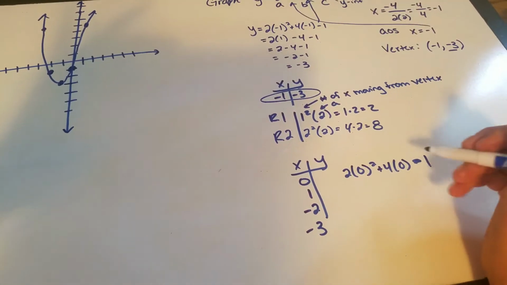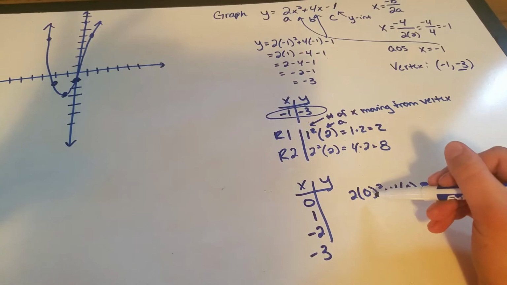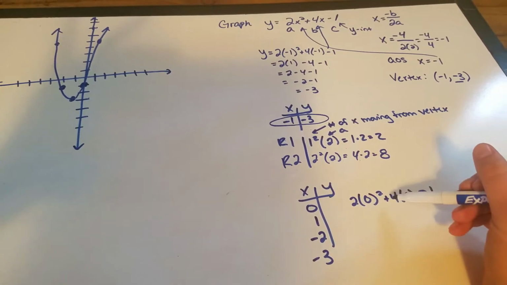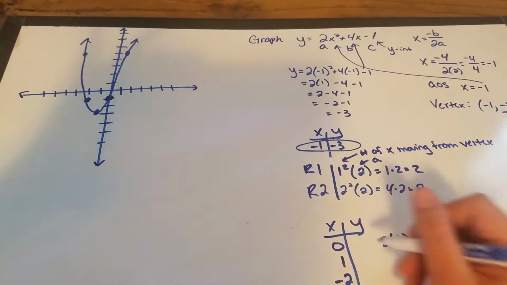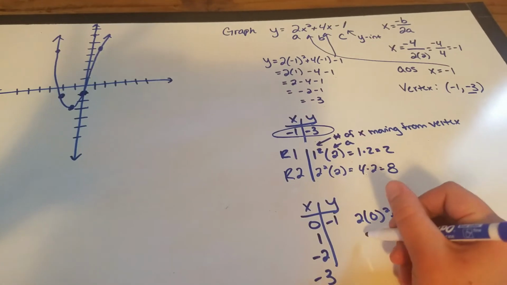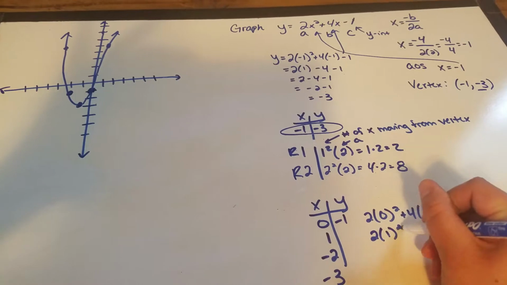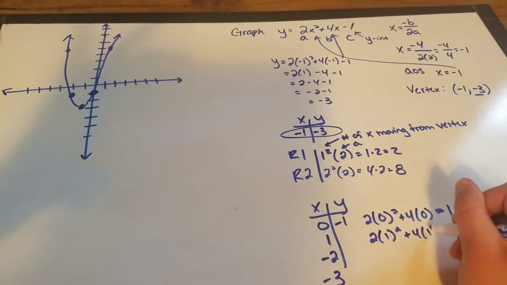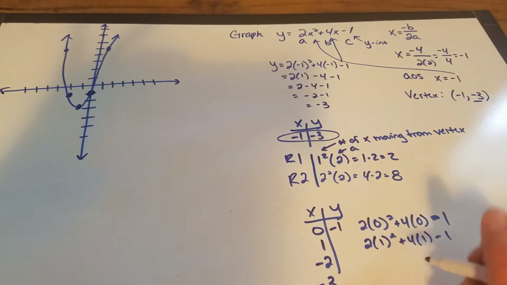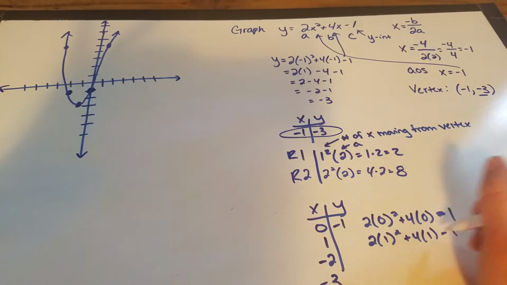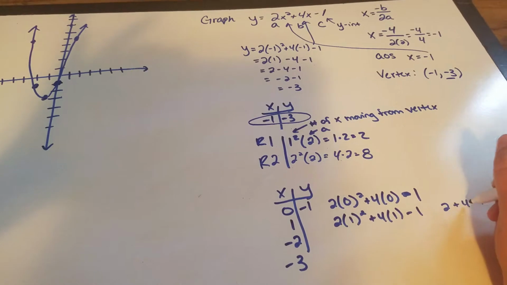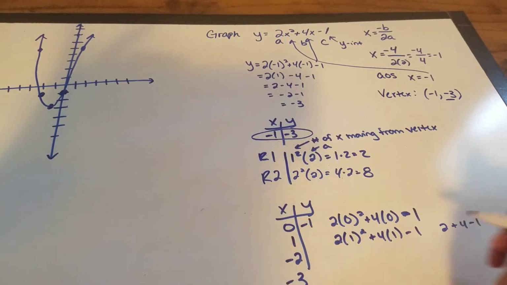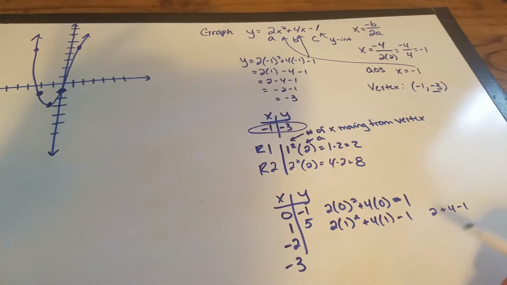So you can see 2 times 0 squared is 0, 0 times 2 is 0, plus 4 times 0, which is also 0, 0 plus 0 minus 1 gives us a -1. If we plugged in 1, we would square 1, which is 1. 1 times 2 is 2. 4 times 1 is 4. Minus 1, so we'd have 2 plus 4 is 6. 6 minus 1 is 5.